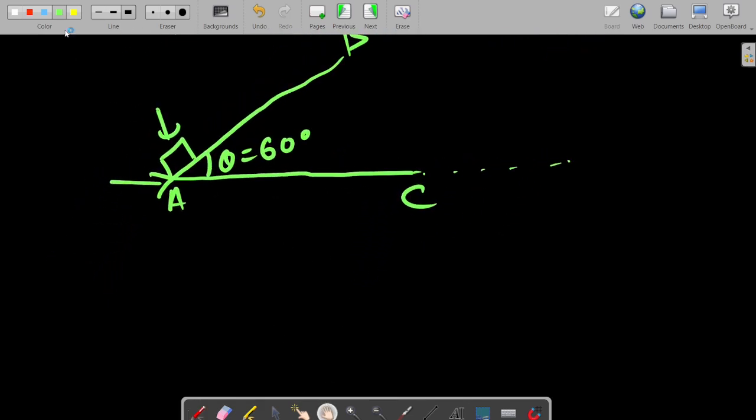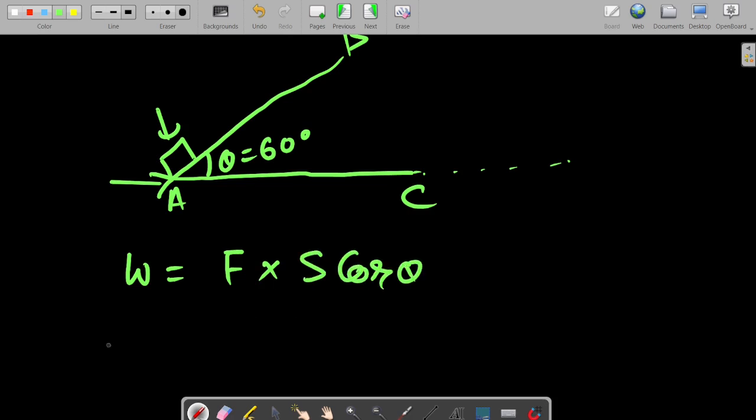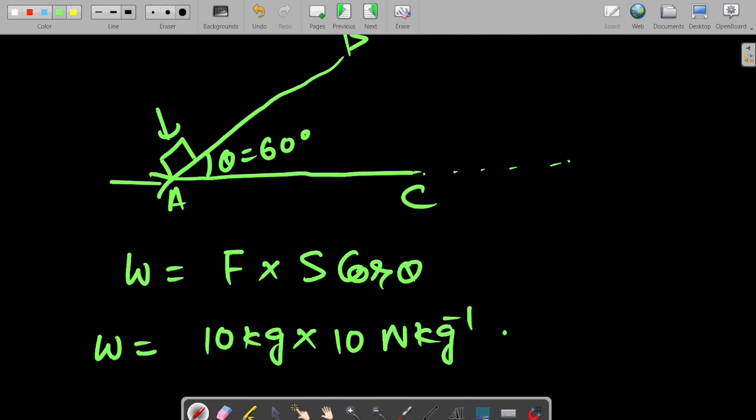So here your work will become, expression for work is W is equal to F into S cos theta. So here you have the angle given, magnitude of force is 10 kg, acceleration due to gravity 10 Newton per kg, into S, that is displacement 0.5 meter, and angle theta, cos of 60 degree, the value of cos of 60 degree is half.